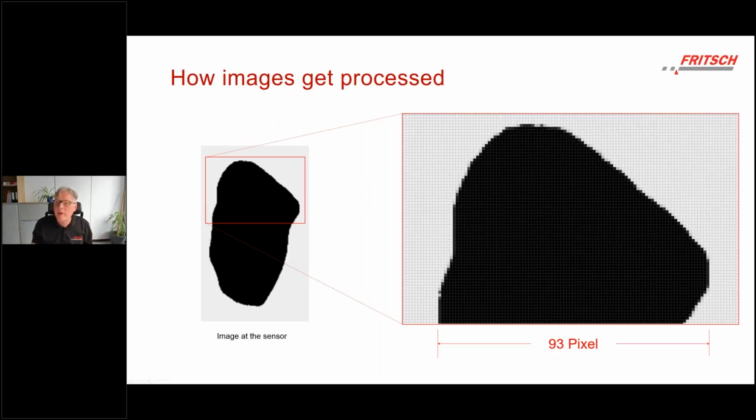Then, by simply counting the pixels from one corner of the particle to the other, and knowing, besides the size of your camera pixel, also the magnification of the lens that you are using, you can calculate the real size of your particle.